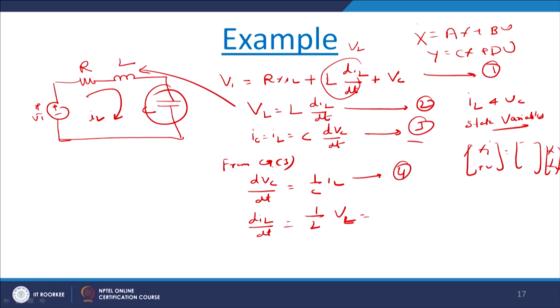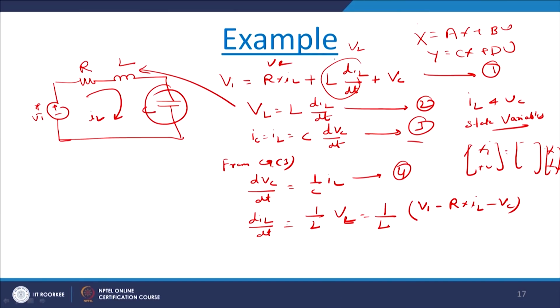Therefore, what we will write, this 1 by L into VL, we can write as input VI minus R into IL minus VC. Why have we done like this?